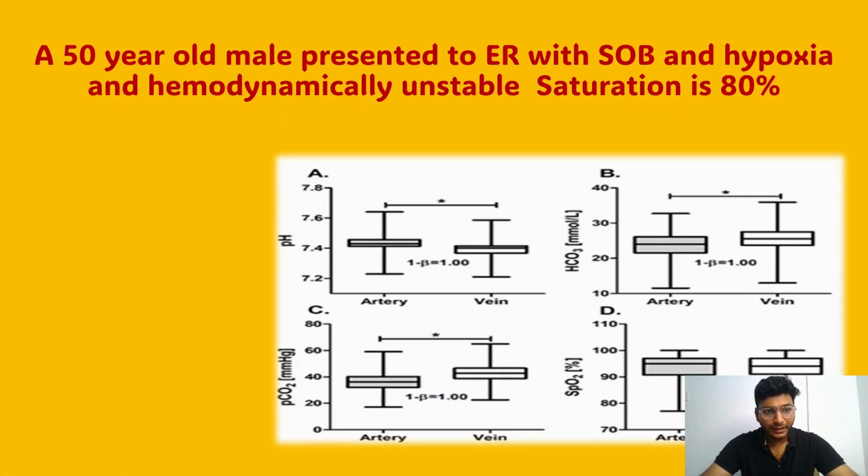But if you take a patient who is hemodynamically unstable and the saturation is less than 85, they come in the extremes of values where it is not specific.